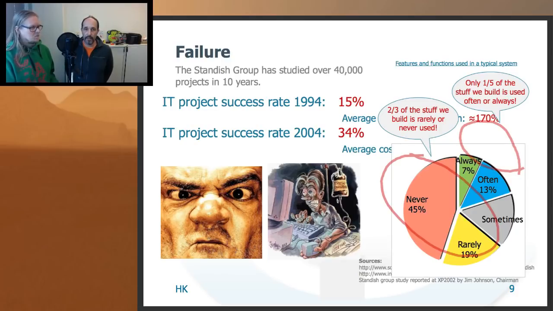As you see here, this is statistics of systems that have been put into use, and roughly 2/3 of everything that has been implemented is something that really isn't needed. So you can think about the reasons for this. We'll come back to it later.